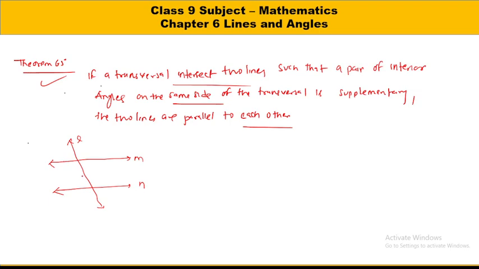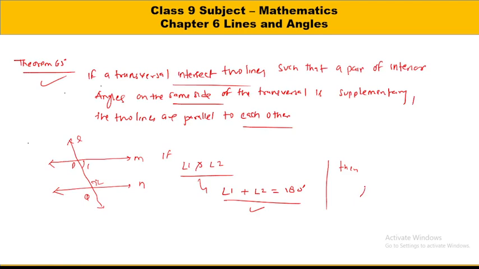These two lines are intersected by line L at points P and Q. If I find that angle 1 and angle 2 are interior angles on the same side, and angle 1 plus angle 2 is equal to 180 degrees, the sum of the pair being supplementary, then on the basis of that, definitely these two lines, line M and line N, will be parallel to each other. That is what is given in theorem 6.5.